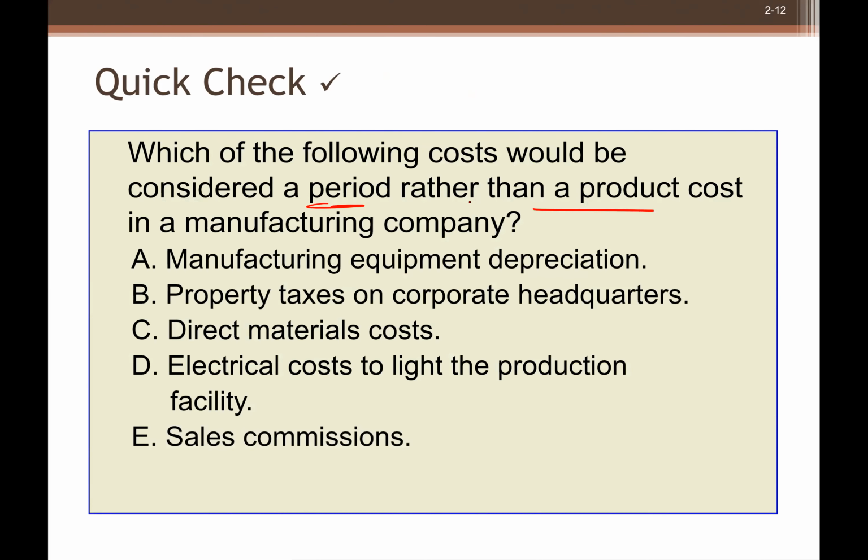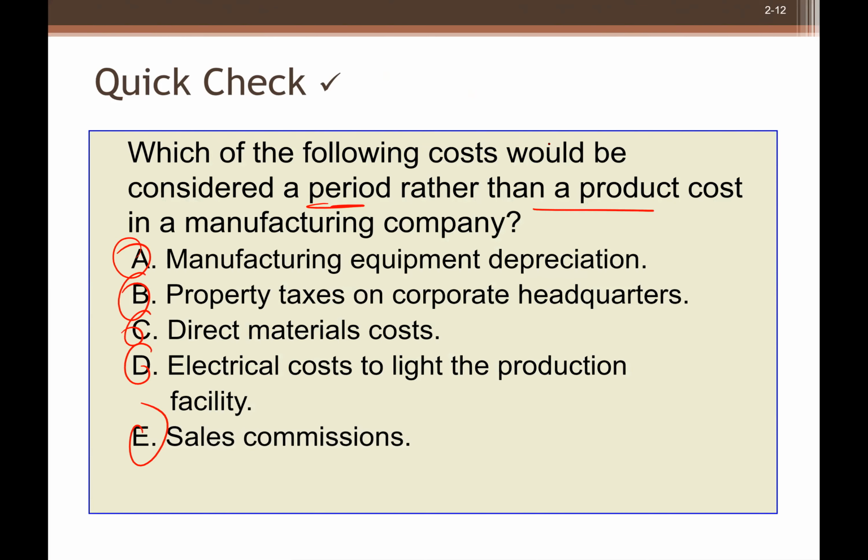Sure. I think it's sales commission. How about A, B, C, D, E? So A, manufacturing equipment depreciation. B, property taxes on corporate headquarters.